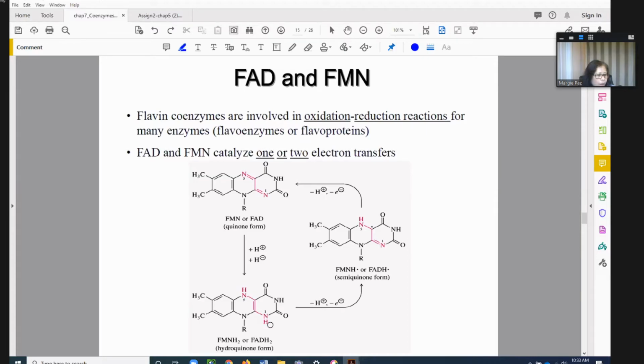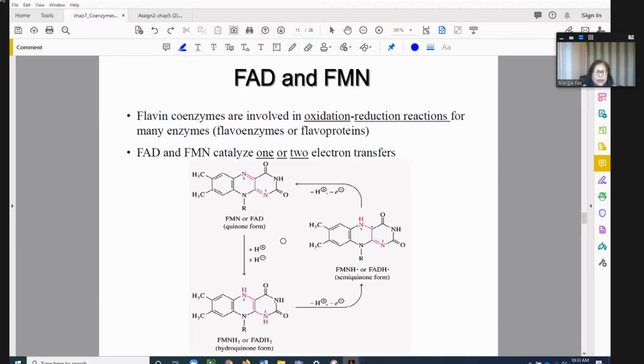Okay. And then with the loss of 1 proton, a semiquinone form is generated. Further loss of this proton here will then produce the quinone form.